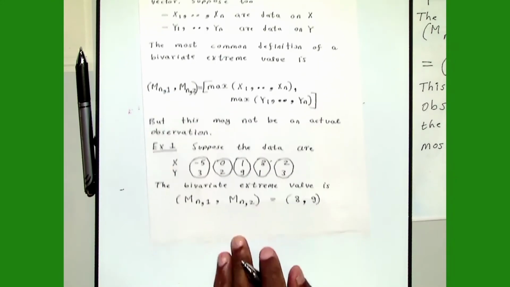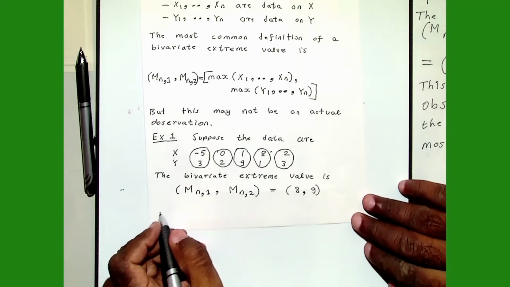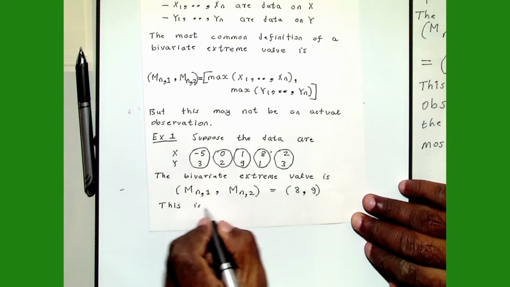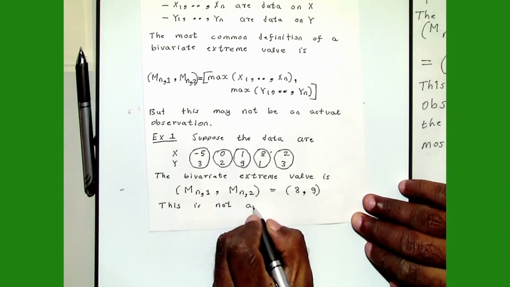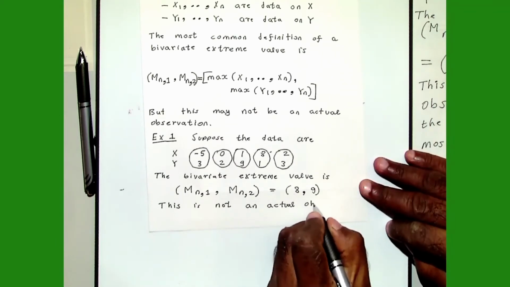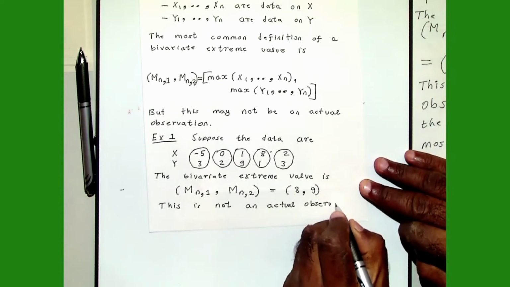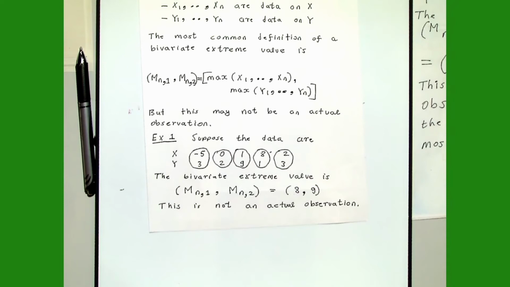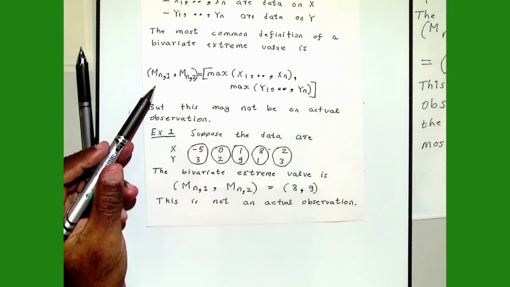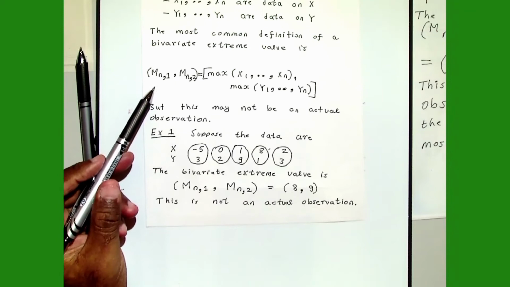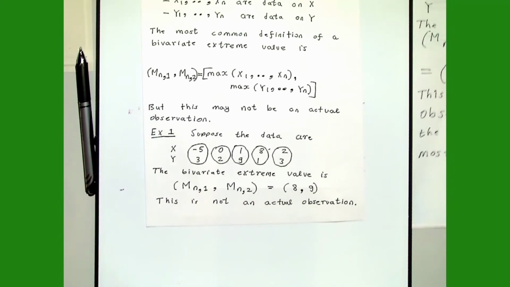So this is an example where this is not an actual observation. So that's one weakness of this definition. Nevertheless, this is the most common definition for a bivariate extreme value.